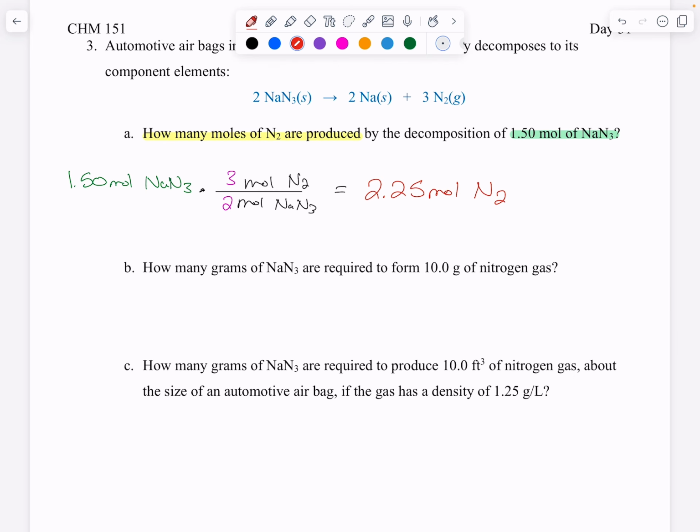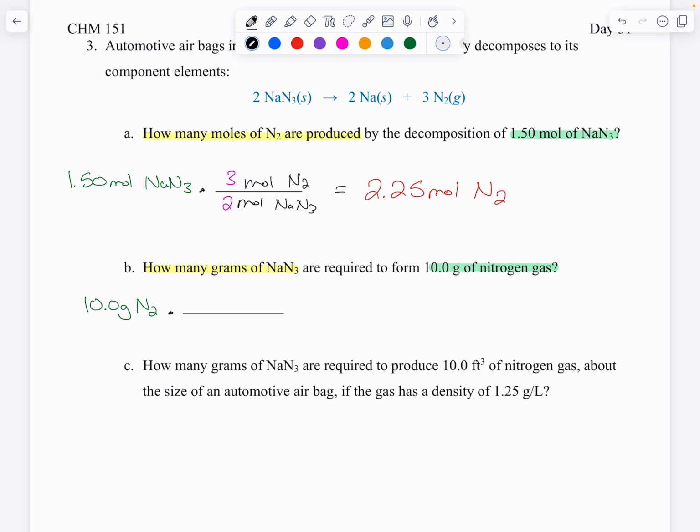Next question asked, how many grams of sodium azide if we have 10 grams of nitrogen gas? So I need to make 10 grams. Let's see. 10 grams of N2.